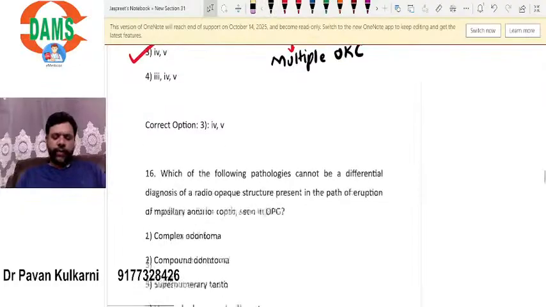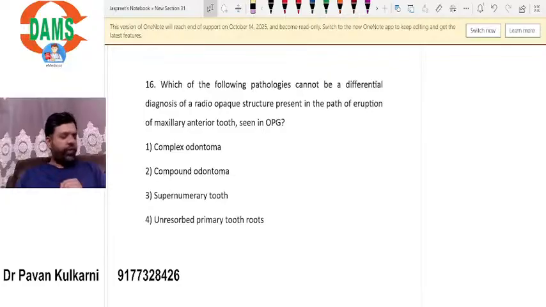Okay, great. Now let us move on to the next question. Which of the following pathologies cannot be a differential diagnosis of a radiopaque structure present in the path of eruption of a maxillary anterior tooth seen in OPG?